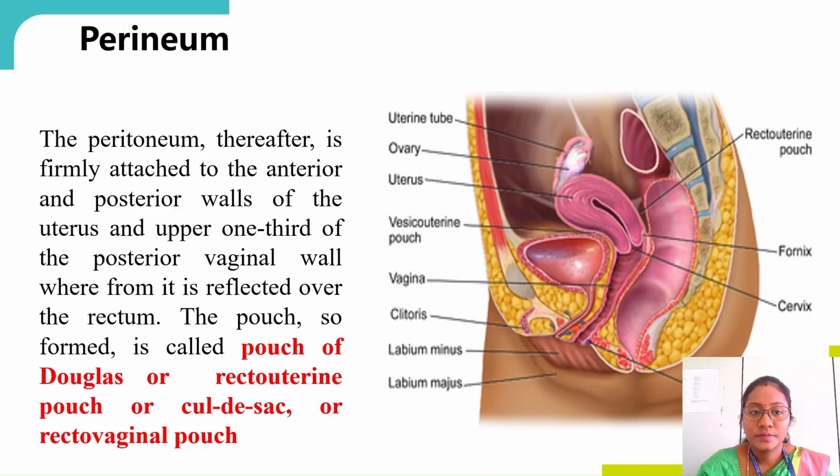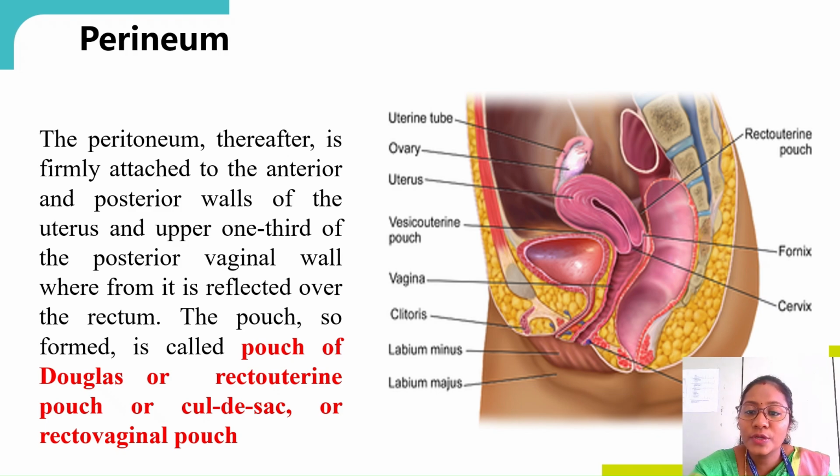The next thing is the pouch of Douglas, or recto-uterine pouch, or cul-de-sac, or recto-vaginal pouch. The peritoneum is firmly attached to the anterior and posterior wall of the uterus.